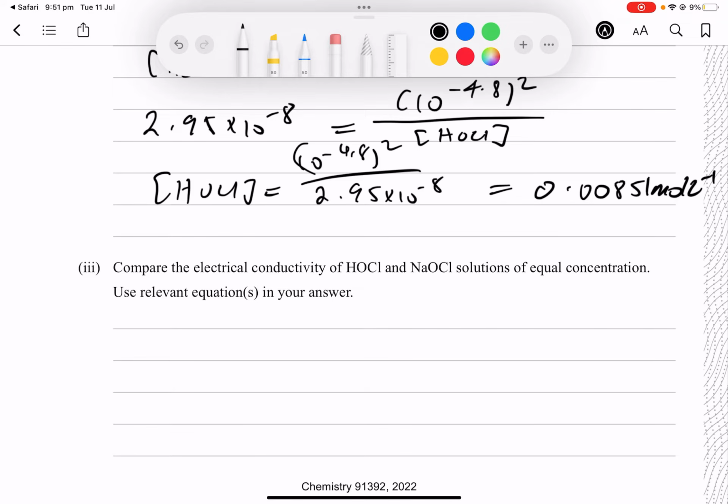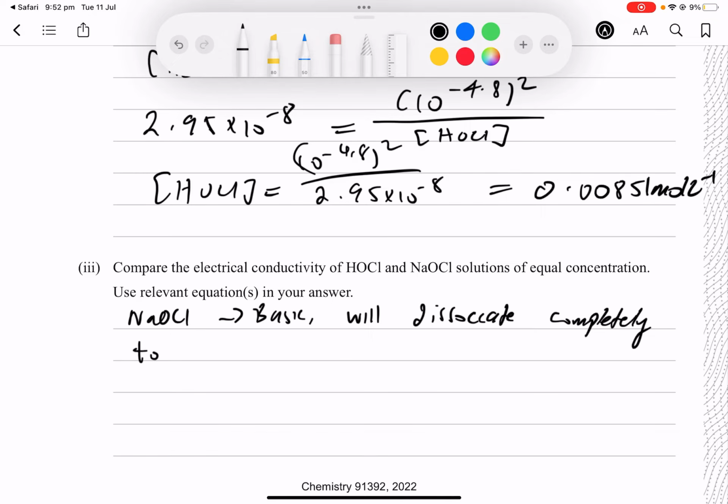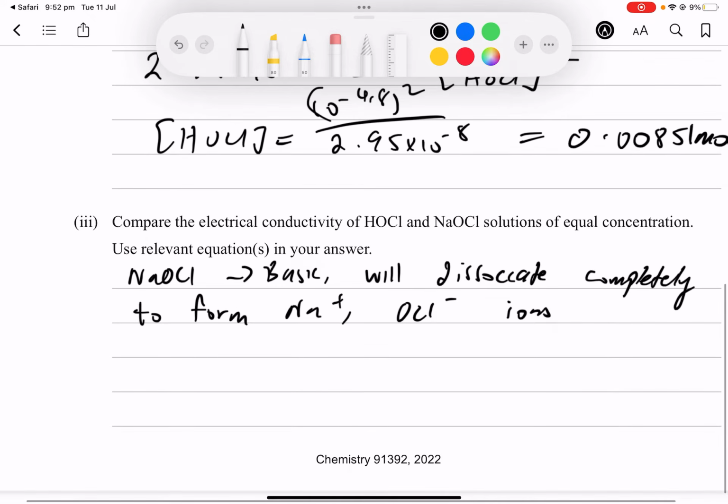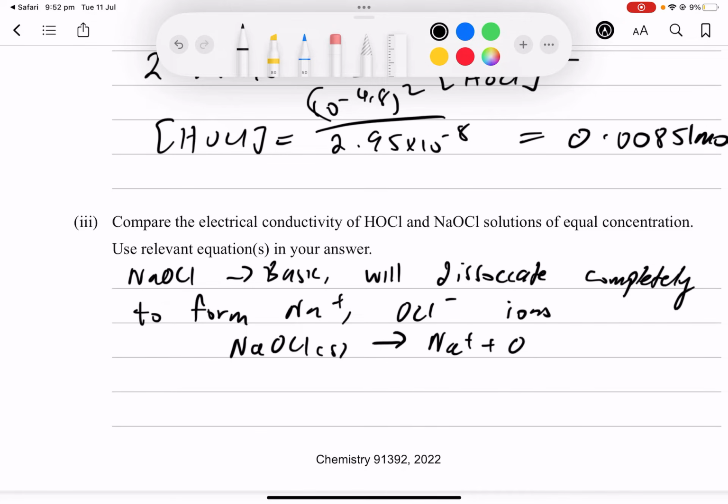So for NaOCl as a basic salt, it will dissociate completely in water to form Na plus and OCl minus ions. And if you want to write out the equation for OCl minus, you can.